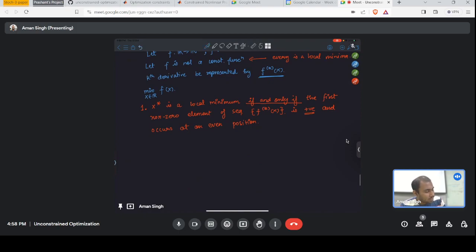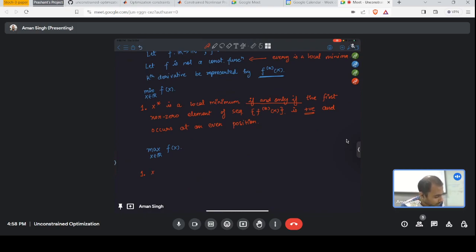We can write a similar statement for maximization as well. So I'll just go ahead and write it. So same thing, but for maximum.